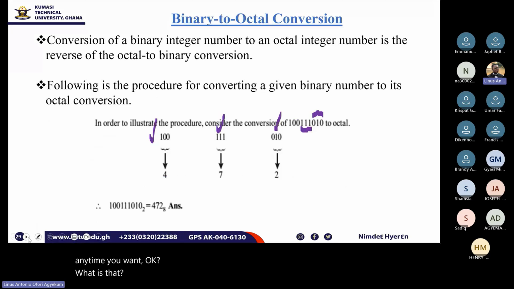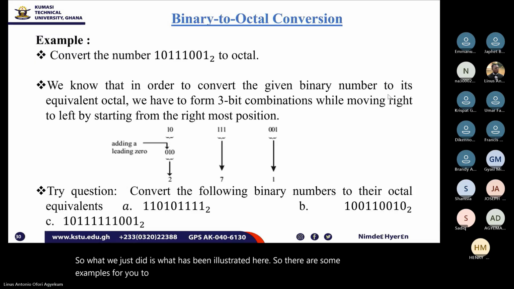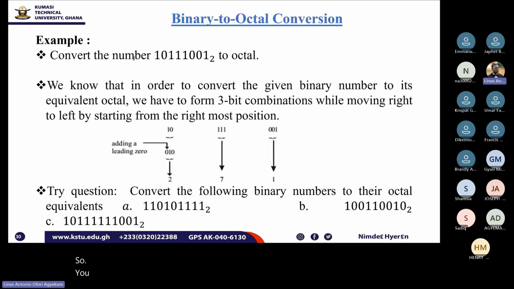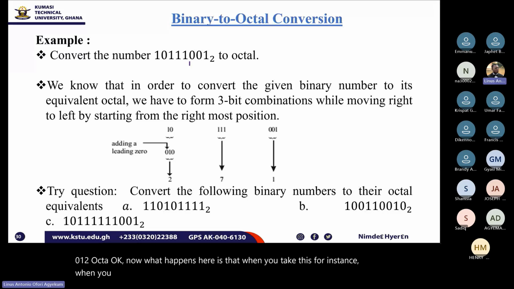So what we just did is what has been illustrated here. There are some examples for you to try your hands on. Convert the number 10111001 to octal. When you take the first 3 bits and the next 3 bits, you'll be left with only 2 bits.